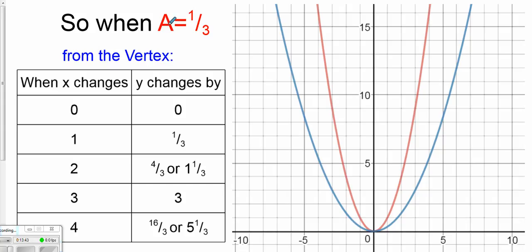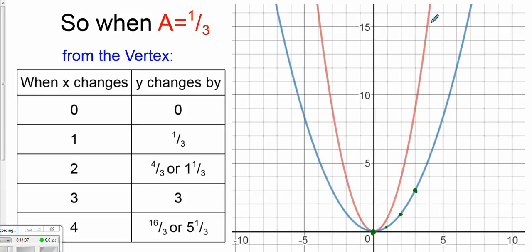When your a value equals a third, again, so here we have a better visual, different colors. We can see 0, 0, 1 only goes up a third. 2 only goes up 4/3 or 1 1/3. 3, instead of going all the way up 9, it only goes 3 because it's a third of that 9.